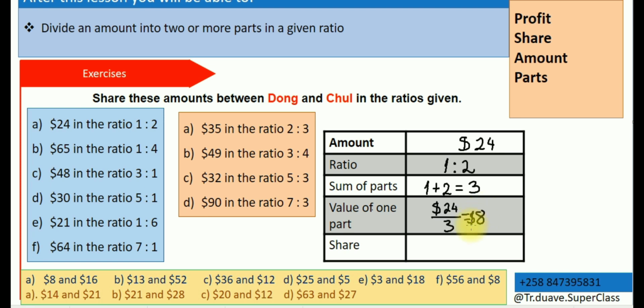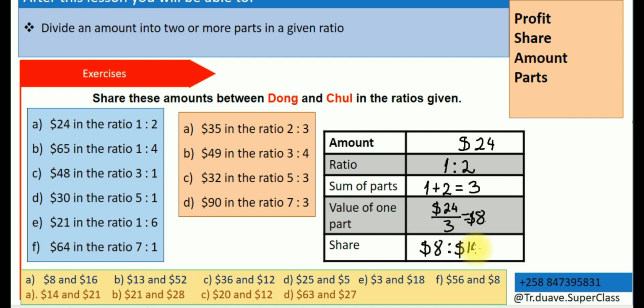We multiply each of these values, 1 and 2 in the ratio, by this result here. $8 multiplied by 1 is equal to $8, and $8 multiplied by 2 is $16.